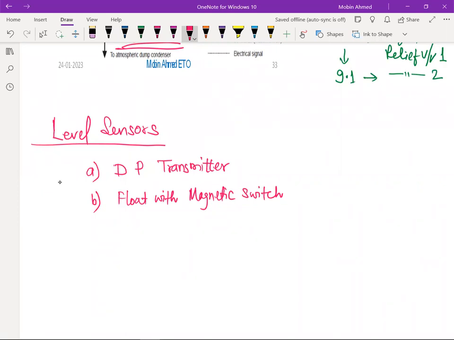Capacitive type. Capacitive type. Yes, that's correct. Capacitive probe. Okay. And any other?